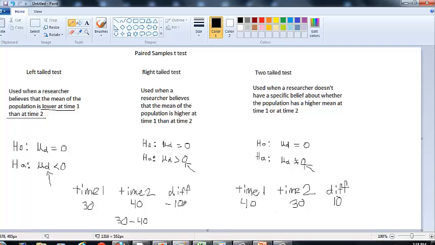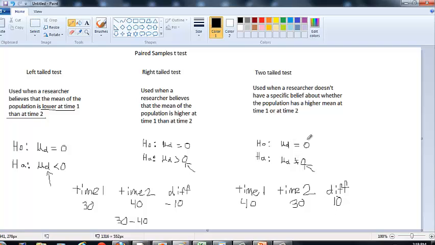It's either a positive number or a negative number, but not 0. And this is what the researcher is trying to support in the two-tailed test. They're simply trying to support the idea that the mean has either gone up from time 1 to time 2 or gone down from time 1 to time 2, and that there's been some change in either direction.